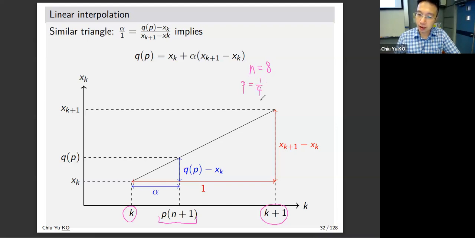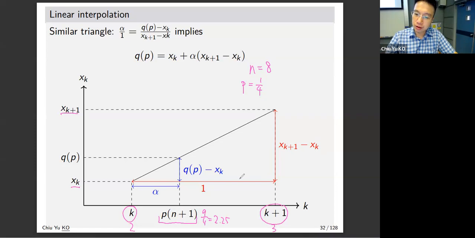Then this is 9 over 4, which is 2.25. In this case, it is between 2 and 3, so between x2 and x3, and that is this number.